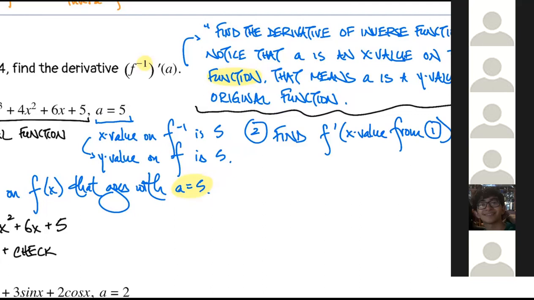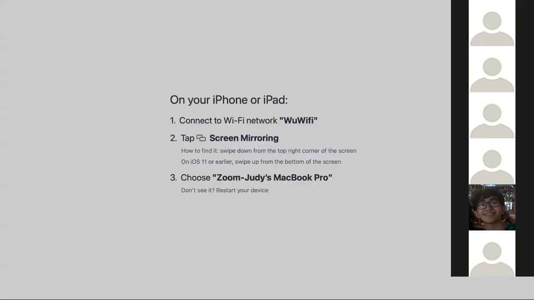Now, am I asking you for the derivative here of the original function or the inverse function when I write f prime of an x value? Good. I'm asking you for the derivative of the original.